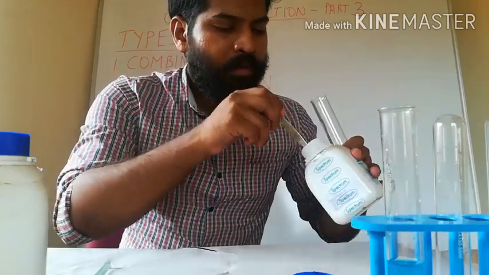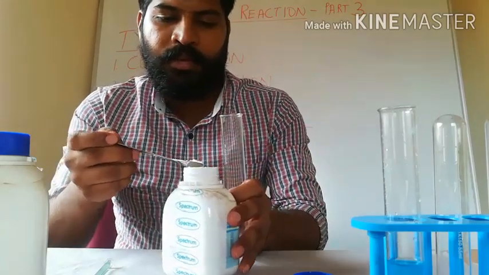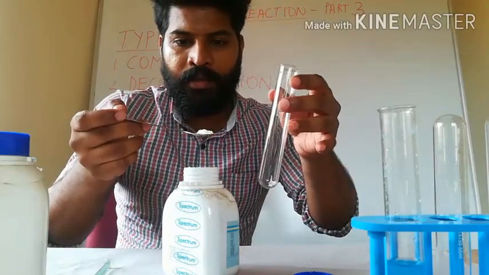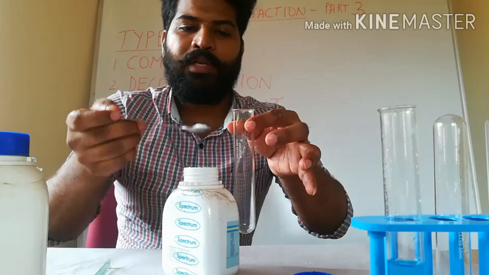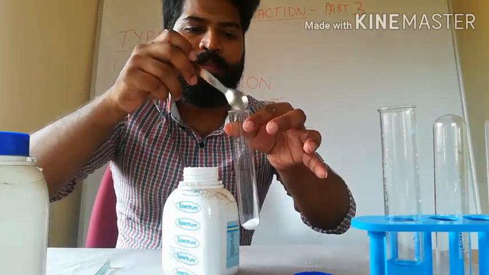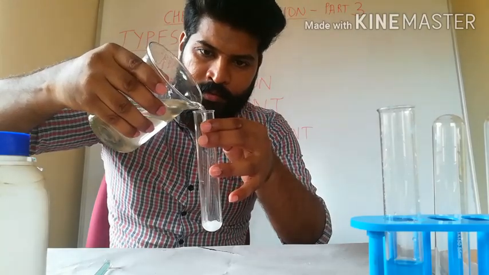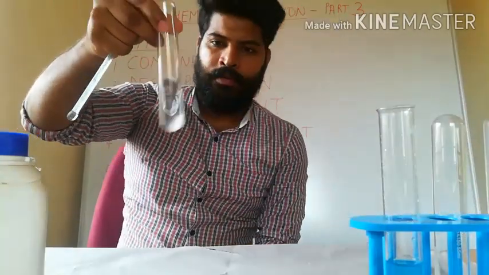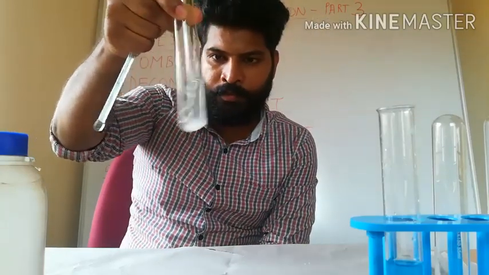Barium chloride crystals are like, you can say, common salt. So they are white in color crystals. So I'm going to add approximately half a spoon of barium chloride crystals and add distilled water. Let us see if we can dissolve it without using the glass rod.